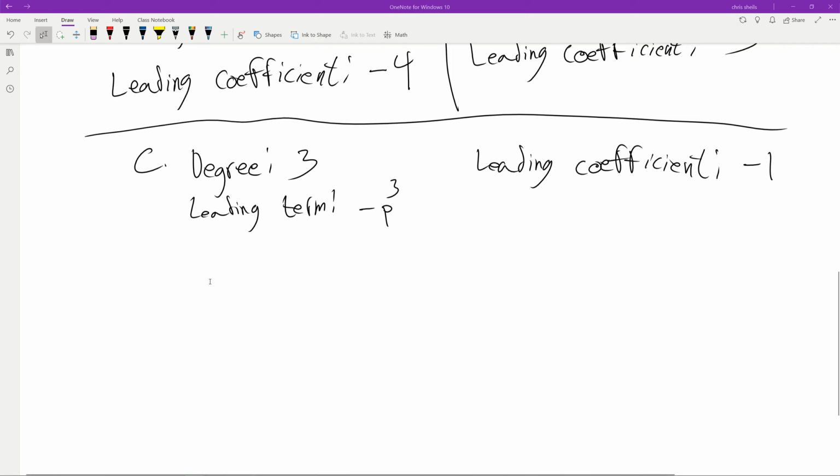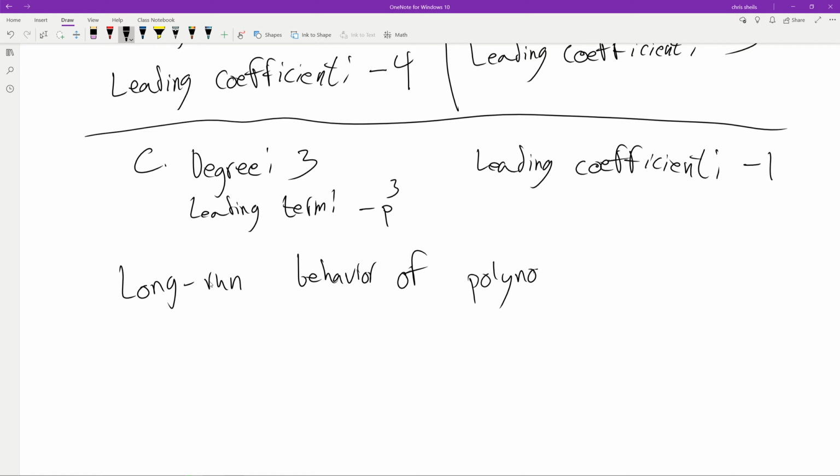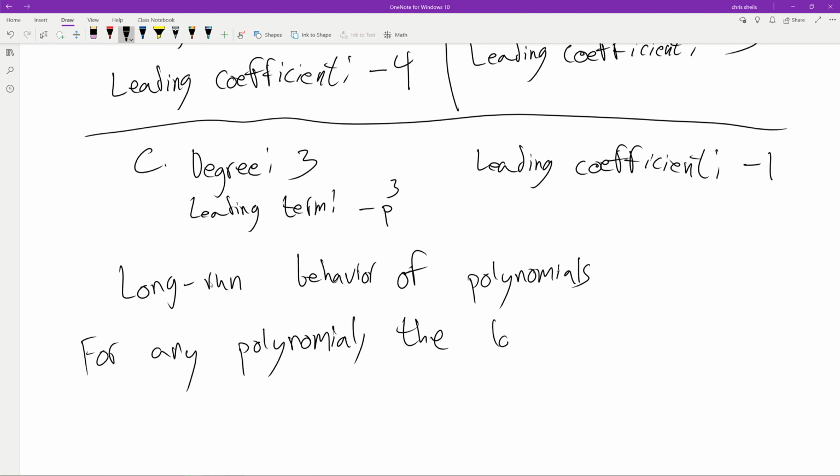And let's talk about long-run behavior of polynomials. For any polynomial, the long-run behavior of the polynomial will match the long-run behavior of the leading term.